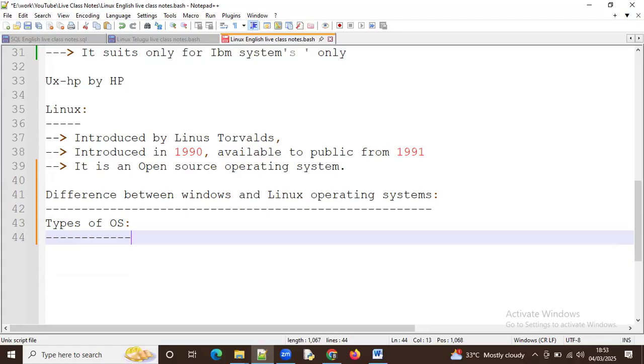You are using these applications in your system, but suddenly your sister or brother came, and he is seeing what you are doing. He doesn't know much about computer knowledge, but he wants to use it.